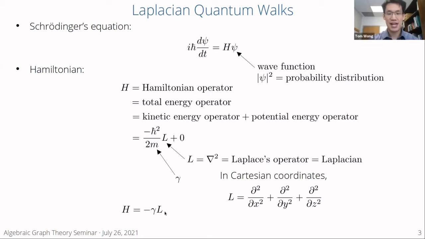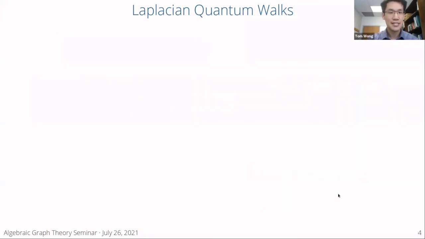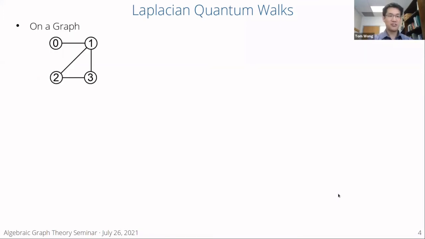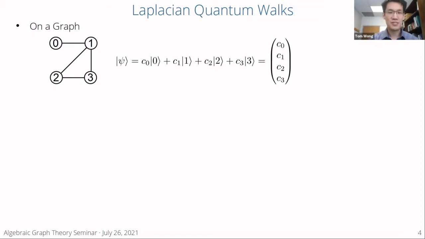And we can do this exact same thing on a graph, and that will give us a quantum walk. So how do we do this on a graph instead of in XYZ coordinates in R3 space? If we're on a graph, such as this graph here with 4 vertices, then instead of a wave function over all of 3-dimensional space, our quantum state is going to be a superposition over these 4 vertices.